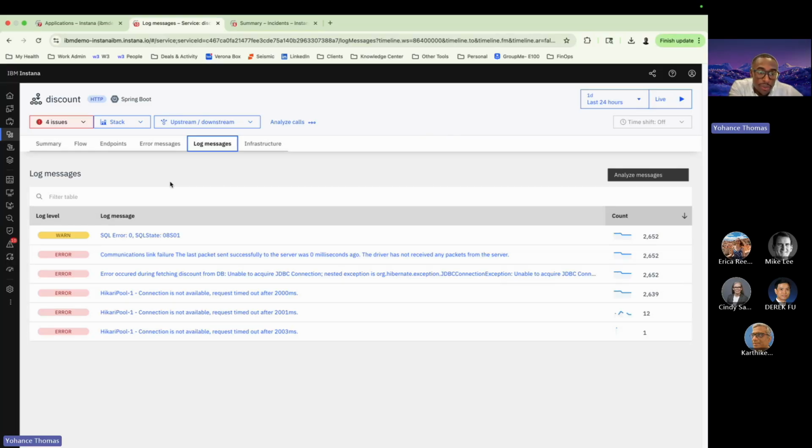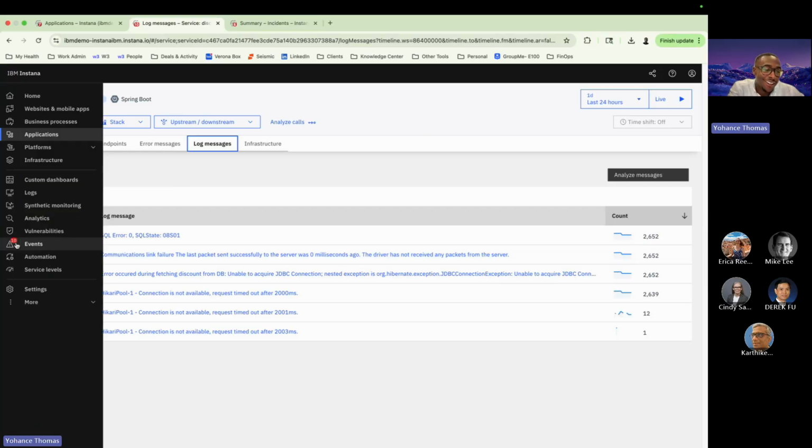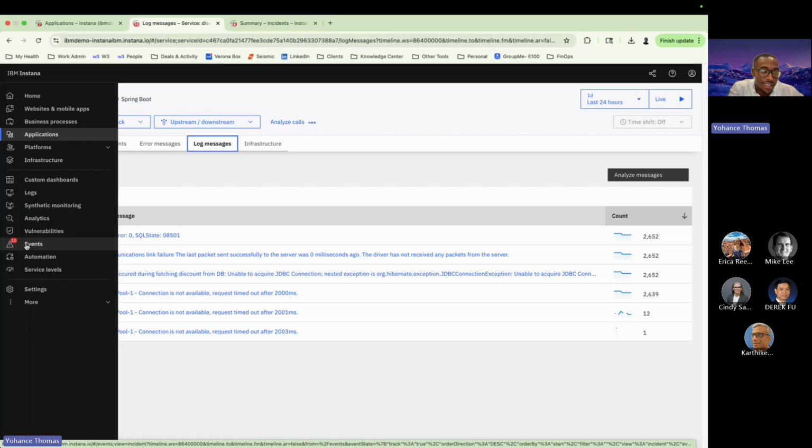Now that we've been able to identify the issue, and we've been able to correlate that with the key infrastructure that's affecting it, we can go into the events and instances portion of our application, where we can see exactly what's going on and ways to remediate.